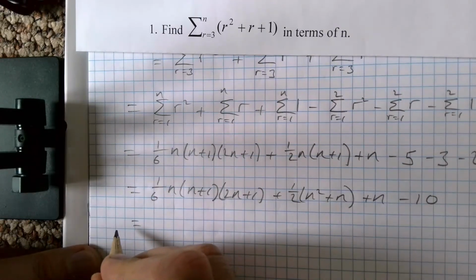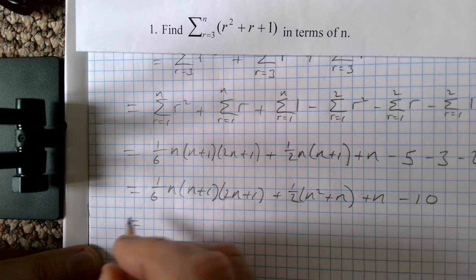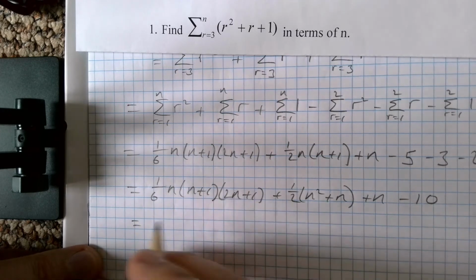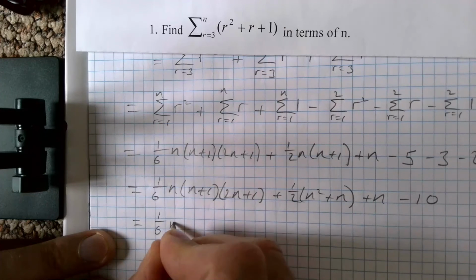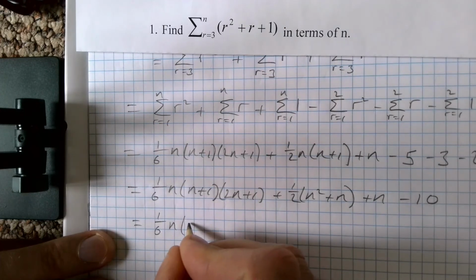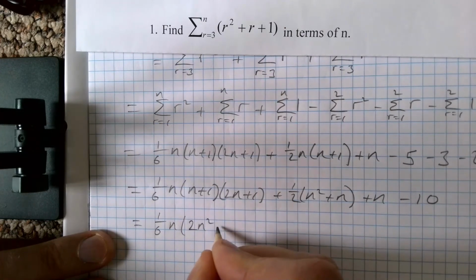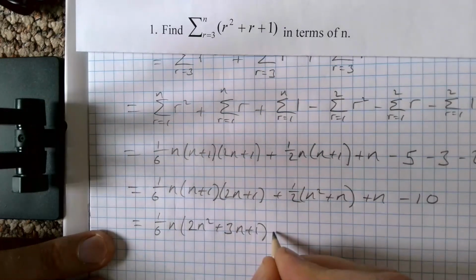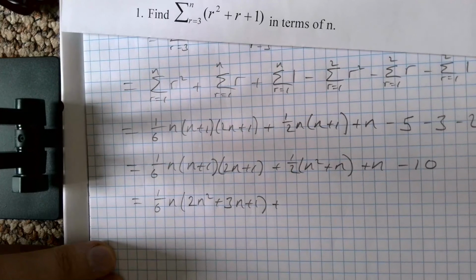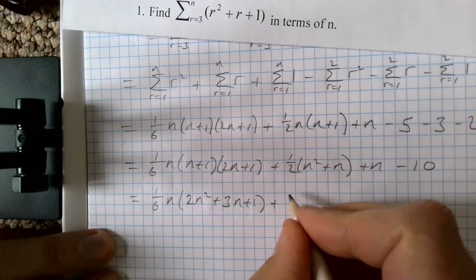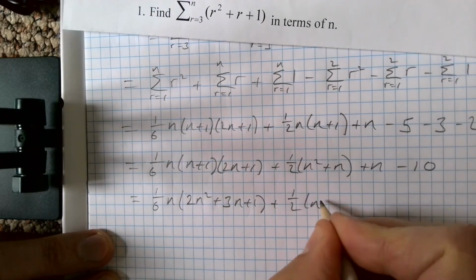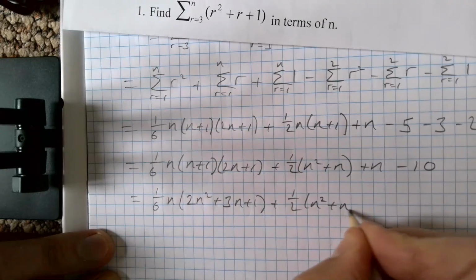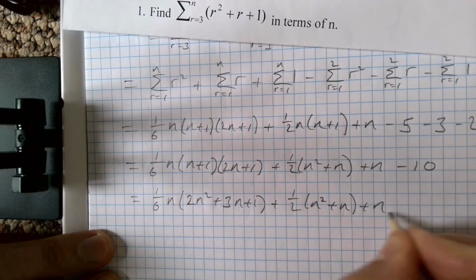That gives me, let me see what way I'd want to do that. If I just multiply that out, maybe a sixth of n, and then that gives me 2n squared plus 3n plus 1, plus a half n squared plus n plus n.